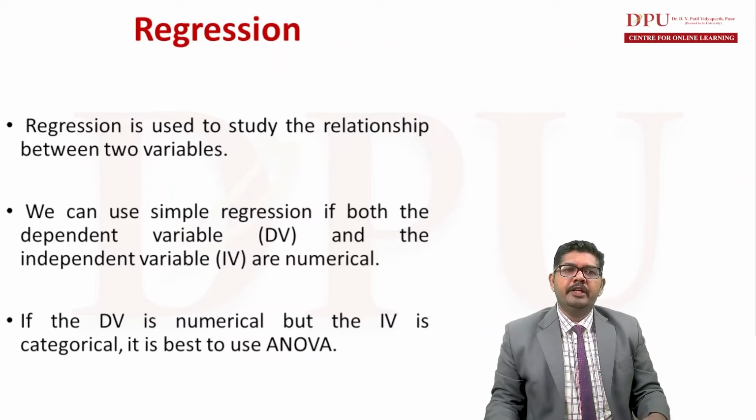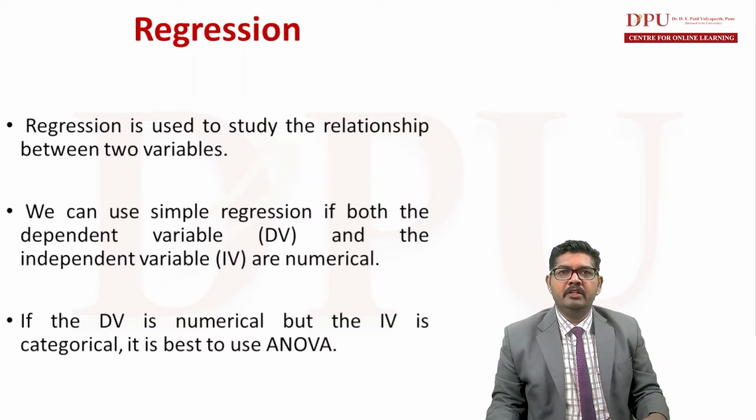Regression is used to study the relationship between two variables. This is what we call bivariate analysis. In previous units, we have discussed measures of central tendency, measures of dispersion, frequency tables, and analyzing and presenting the data. All these things are based upon univariate analysis, that is, we were dealing with only one variable.